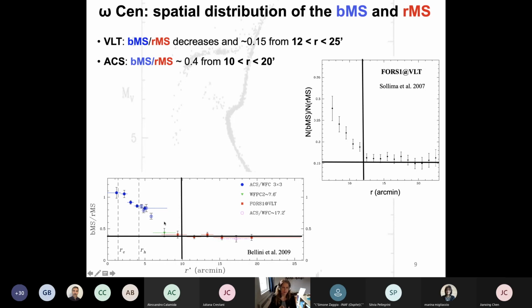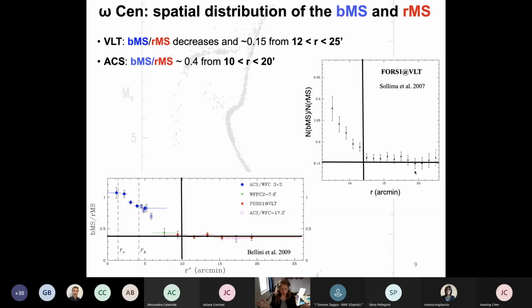And you see here that the blue main sequence stars are more centrally concentrated. However, the ratio of blue to red main sequence stars is flat over distances and attains a flat value up to more or less 25 arc minutes.